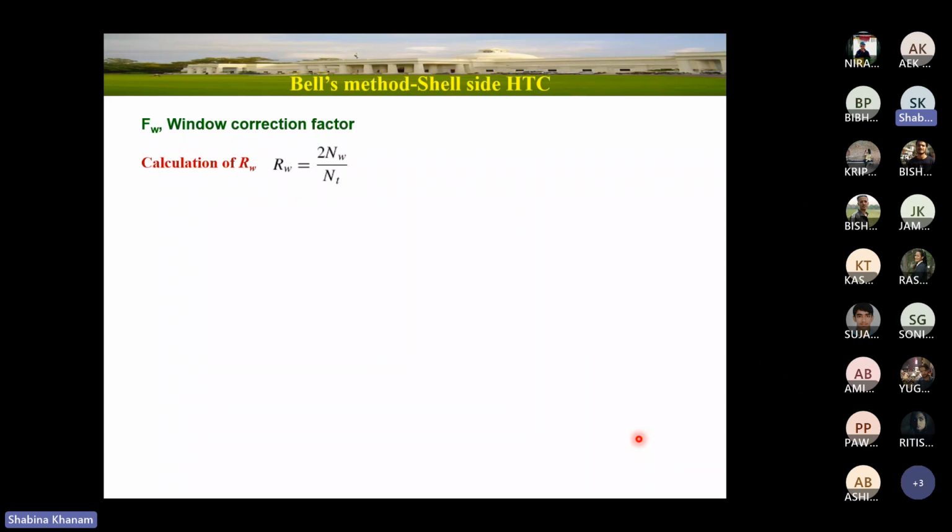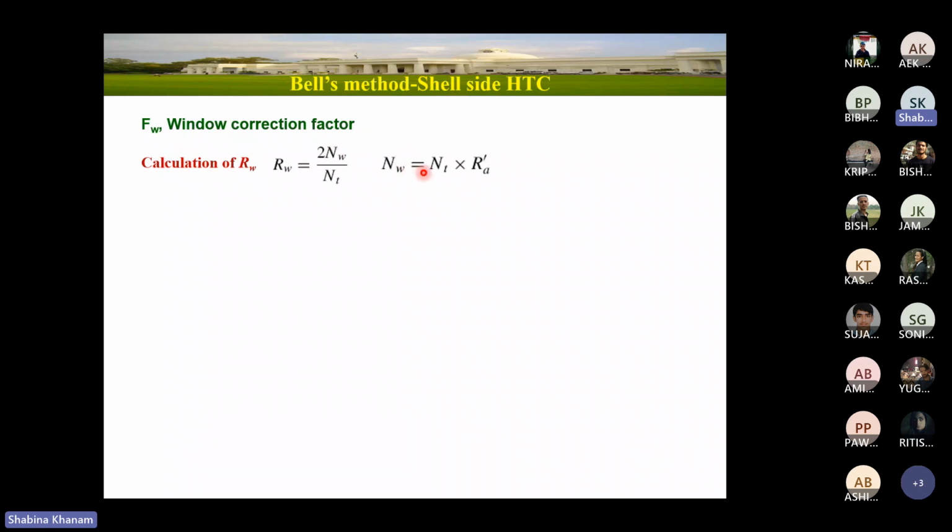When we are considering the cross flow zone between two baffle tips, in that region the window zone will be twice, two window zones. So 2 into Nw by Nt. Nw is the number of tubes of the bundle in the window zone, by the total number of tubes in the bundle.